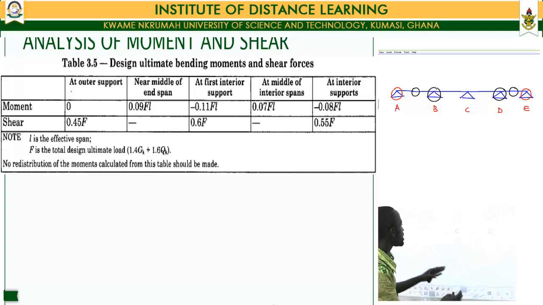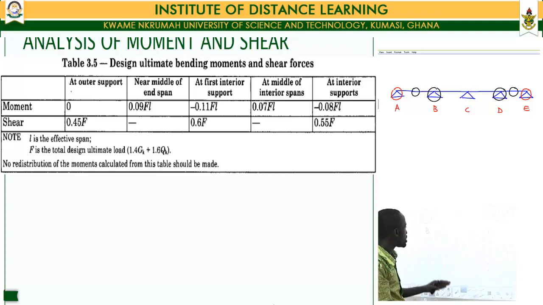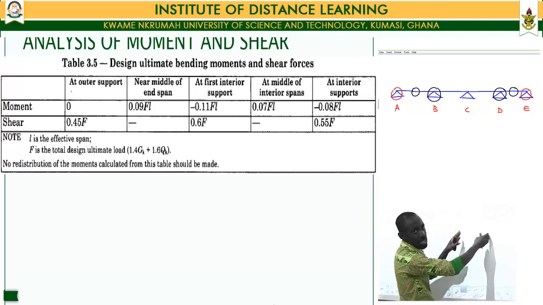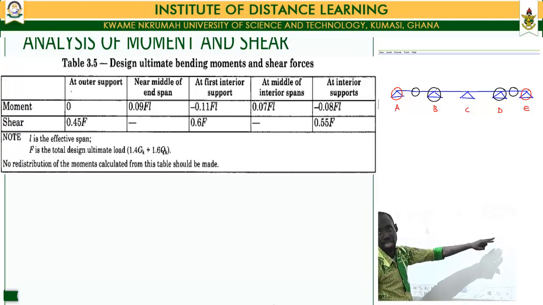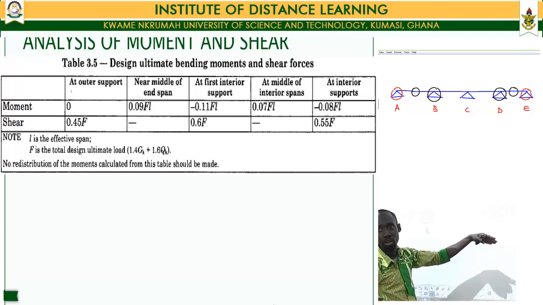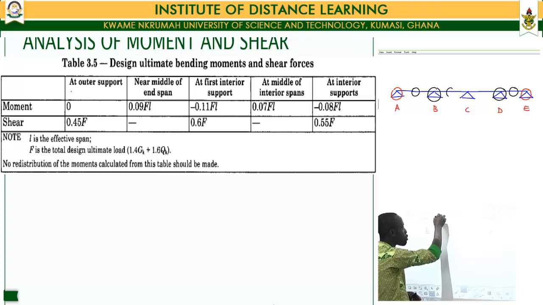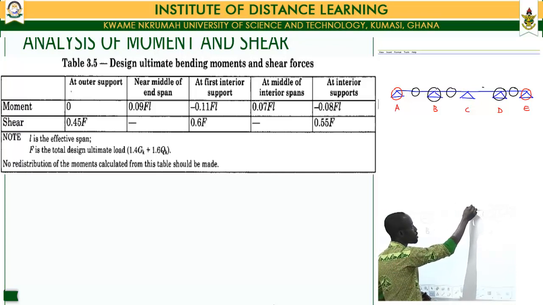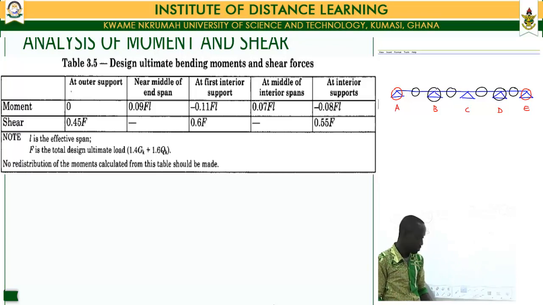Any span in between them becomes an interior span, in which case we would make reference to our span BC and our span CD. So at the middle of interior spans is making reference to the moment and the shear that would occur at the mid portions of our span BC and our span CD.